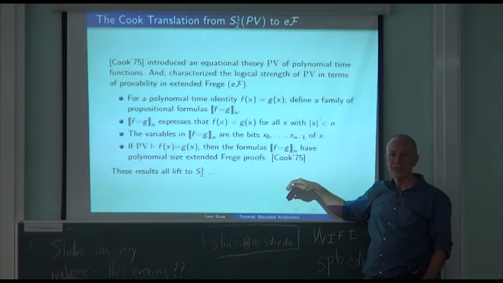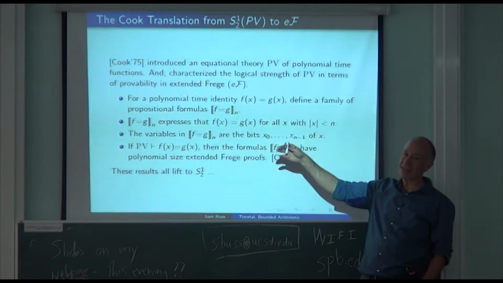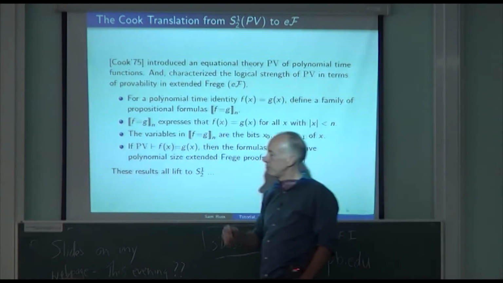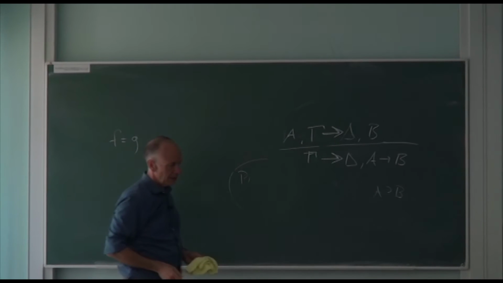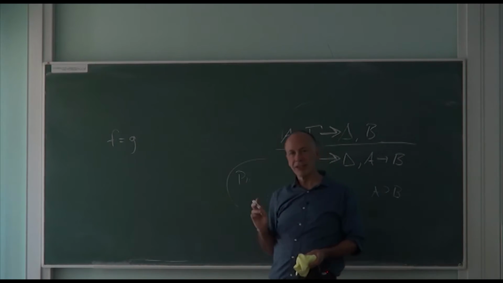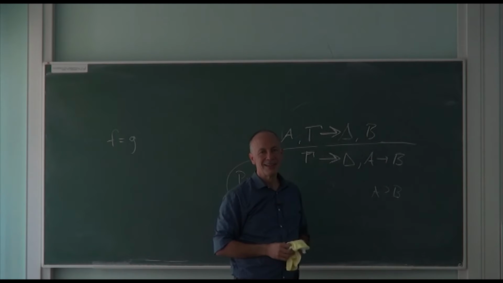So this includes any polynomial time function? That is in the form represented in PV, so that PV proves f equals g, right? My question was, you say theory PV of polynomial time functions, what are the terms? Oh, the terms are, there's a function symbol for each polynomial time function. There's axioms describing how they're defined from each other, and the terms are formed from polynomial time functions.